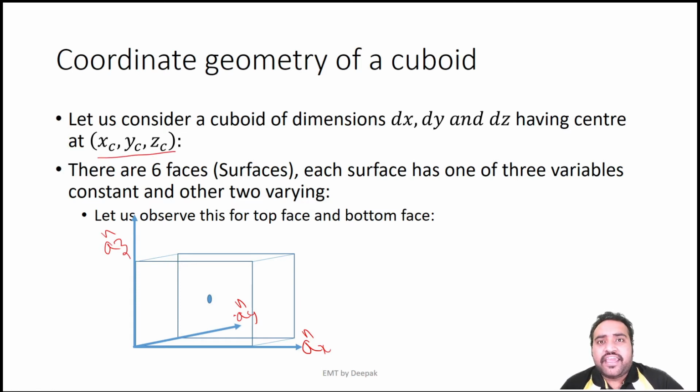Now, let us determine the centers of the top surface and the bottom surface. So, if you draw a vector from the center to the top surface and to the bottom surface, this is vector 1 and this is vector 2. Let me call this vector p and let me call this vector o. Now, this vector is along az cap, whereas this vector is along minus.